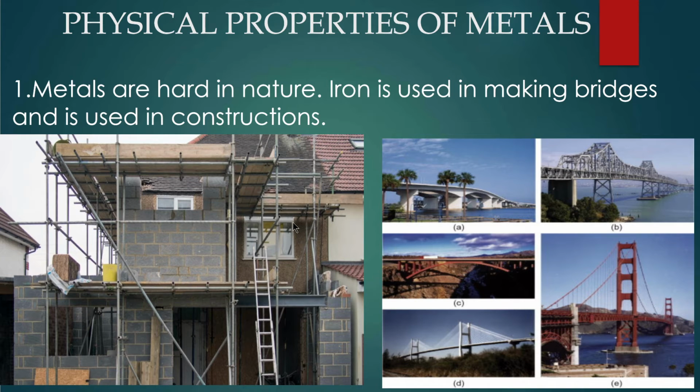The houses which we all build are made up of RCC roofs. What does RCC stand for? R stands for rod, C stands for concrete, and the other C stands for cement. So your rods are generally made up of iron. So in building constructions, iron is widely used.